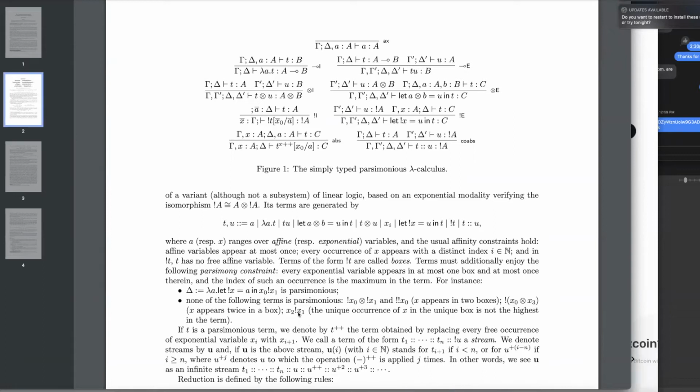And this one is not parsimonious because the index here is not the highest index in the term. So all of these x's are considered as one variable. Again, x is a stream, and the indices give you the position in the stream.